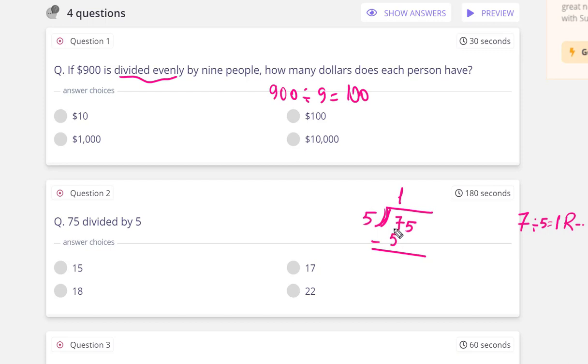Subtract. 7 minus 5. 5 minus 5 is 0. 7 minus 5 equals 2.